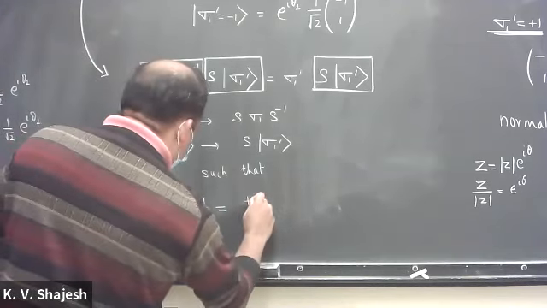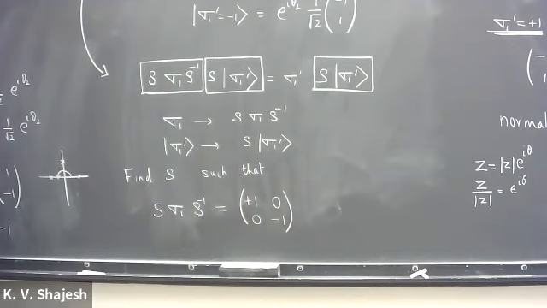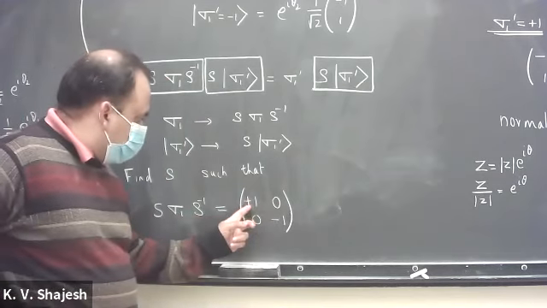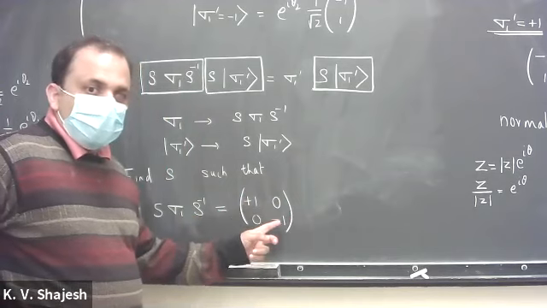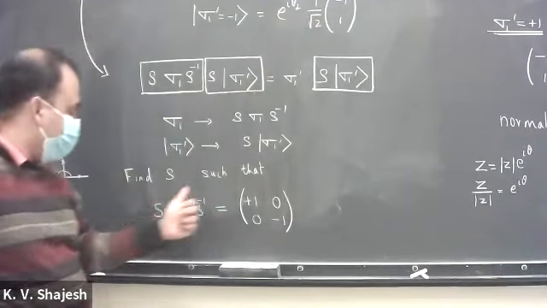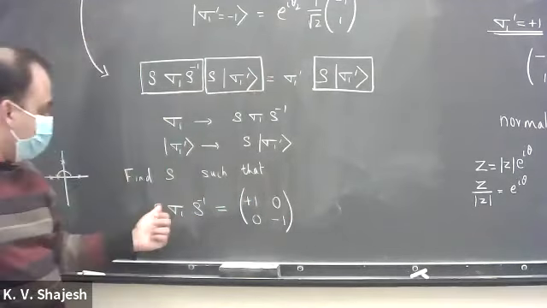Why do you have to find this, like +1 and 0, 0 and -1? Because these are the eigenvalues, right? So the point is, instead of finding the eigenvalues, can I find the matrix that gives me the diagonal values as the eigenvalues? Is that clear?